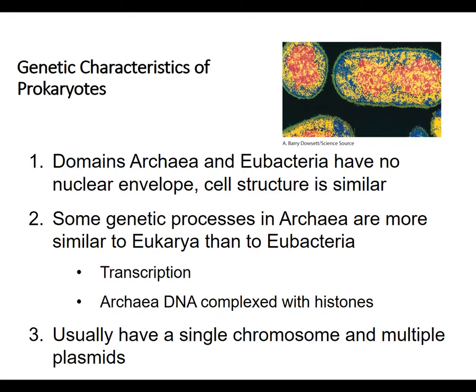Eubacterians do not have histone proteins wrapped with their DNA. However, all the prokaryotes typically have a single circular chromosome. And we say usually, there are some exceptions, but usually a single chromosome, and then multiple smaller circular pieces of DNA that we call plasmids.